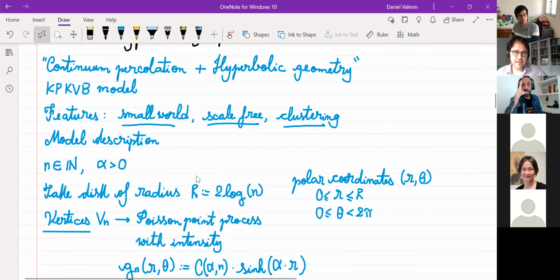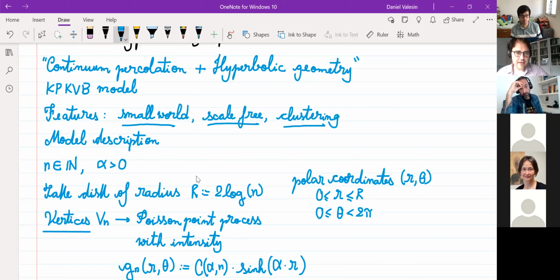So here are the parameters that we will use. n will be the number of vertices, or actually the expected number of vertices, because the number of vertices will be random. And there will be a parameter alpha larger than 0, which together with lambda is the second parameter that you have to remember in this talk.